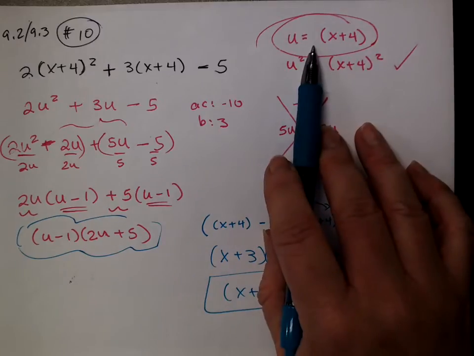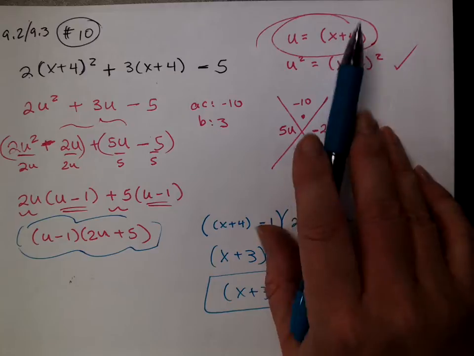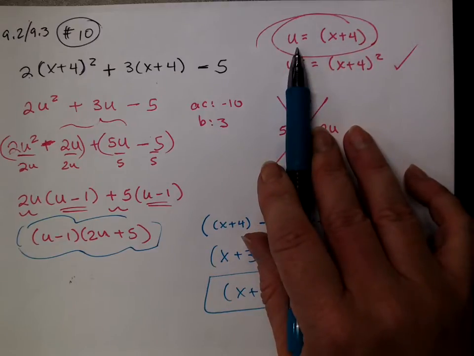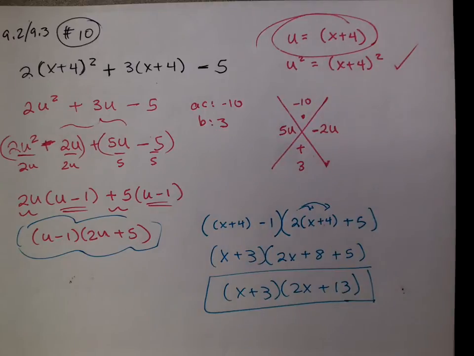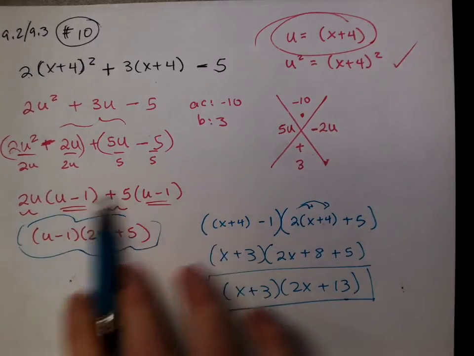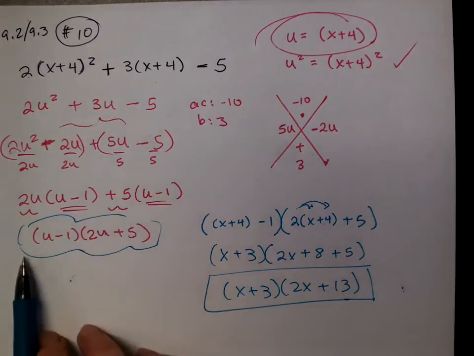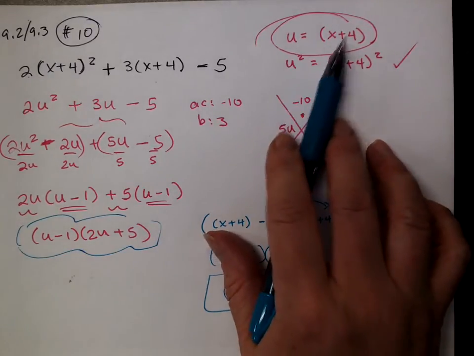You've already decided at the very beginning that u equals this. That means this equals u. So it doesn't matter whether you write a u or whether you write x plus 4. They have the same value because they are equal. So when you do your factoring with the nice clean u, u means x plus 4.